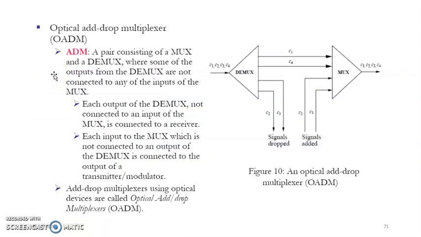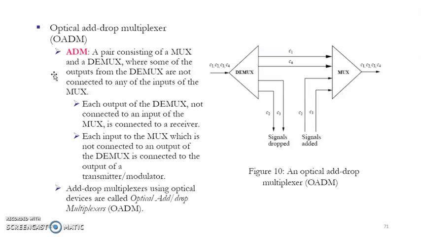Then we learn the optical add-drop multiplexer. Add-drop multiplexer means what? It has a mux and demux. Some outputs of the demux are connected to a main input of the mux, and each output of the demux not connected to an input of the mux is connected to a receiver.